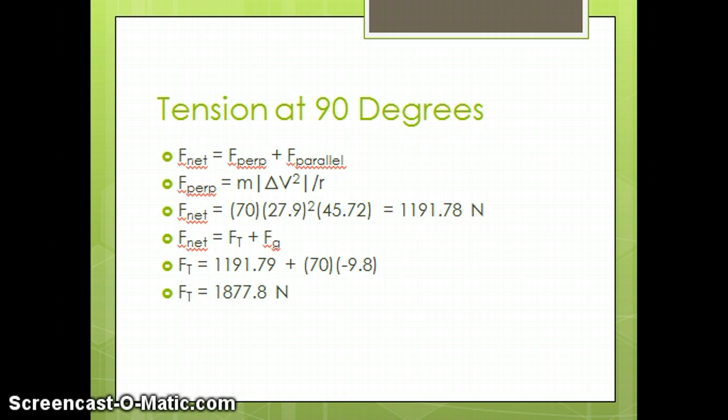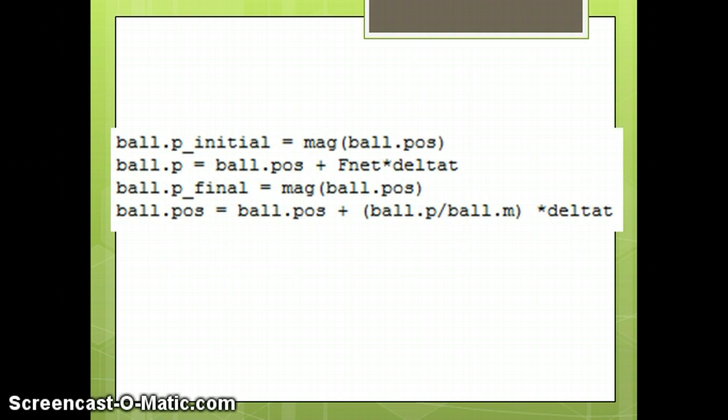Therefore, we are able to solve F perpendicular and F net to be mass times the absolute value of the velocity squared divided by the radius, which gives us 1191.78 newtons. F net is also equal to the force of tension plus the force of gravity. The force of gravity is equal to negative mg. Therefore, we manipulate the variable and find the force of tension to be 1877.8 newtons.